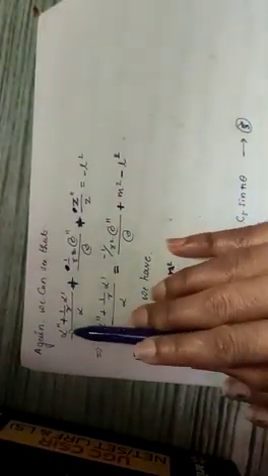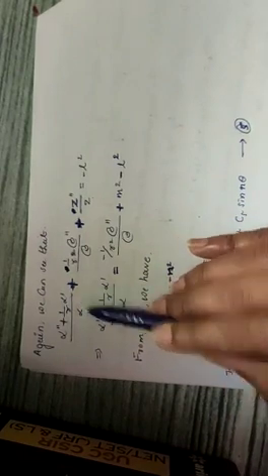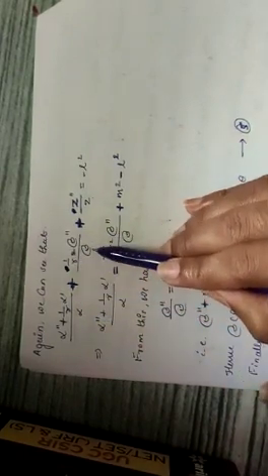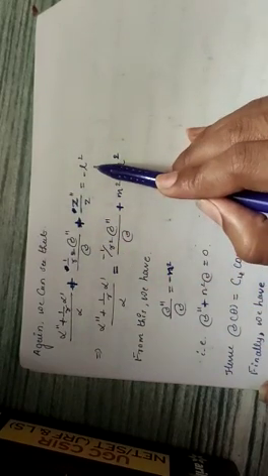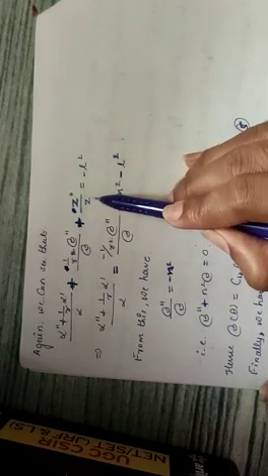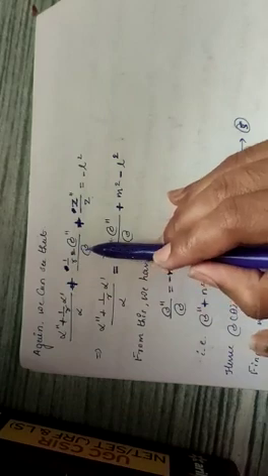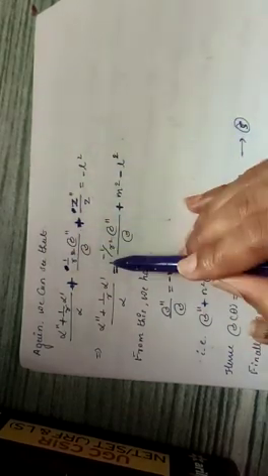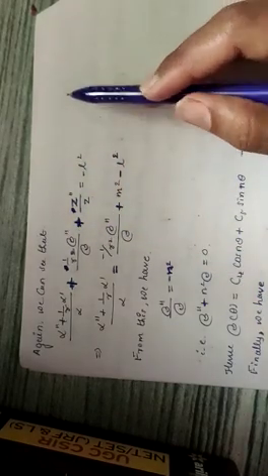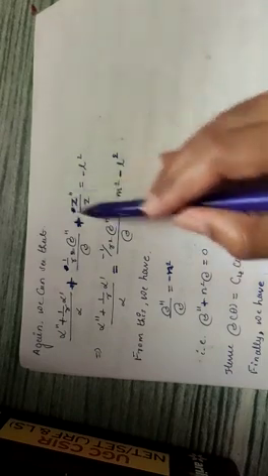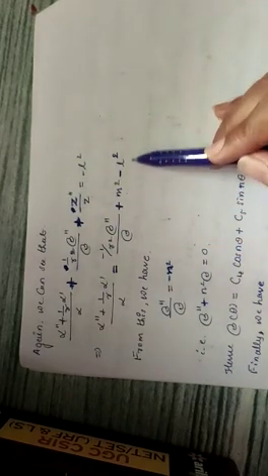Now we consider the RHS. The RHS becomes alpha double dash plus 1 over r into alpha dash over alpha plus 1 over r square into beta double dash divided by beta plus Z double dash divided by Z, which equals minus L square. We know the value of Z double dash divided by Z. Now we take these two terms to the right hand side, we get minus 1 over r square into beta double dash over beta equals minus Z double dash divided by Z, and substituting this value we get plus m square and minus L square.